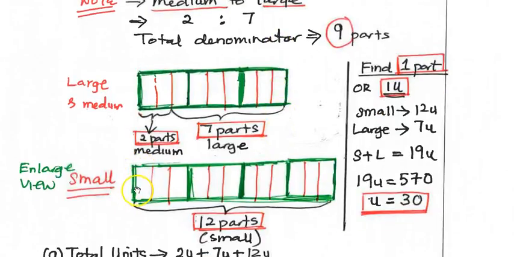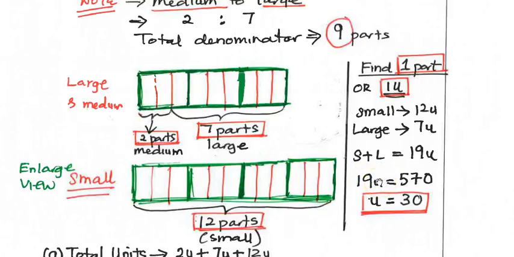Small eggs plus large eggs, they are 570. 7 parts, 12 parts, they are 570. See, 7 parts plus 12 parts, small and large eggs, makes up 19 units, 19 parts.